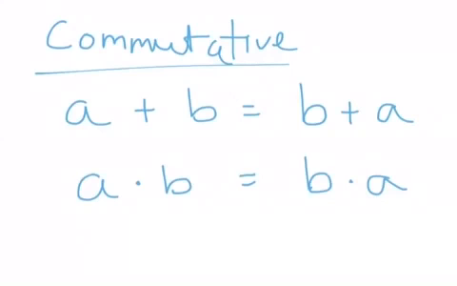Same thing with multiplication. You could say a times b equals b times a. So if you want to apply it to numbers, 5 times 3 would equal 3 times 5. Once again, it doesn't matter if I do 5 first or 3 first, it's going to be the same thing. So that, in a nutshell, is the commutative property, being able to go any which way.